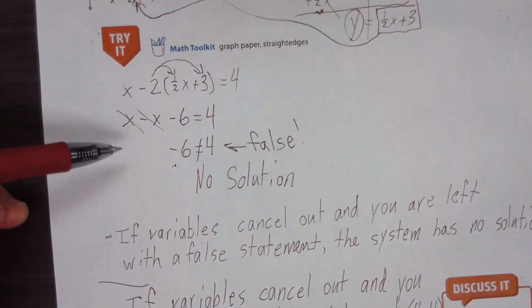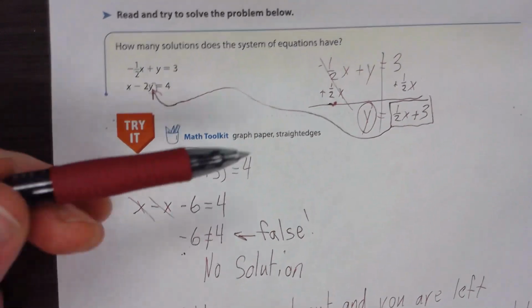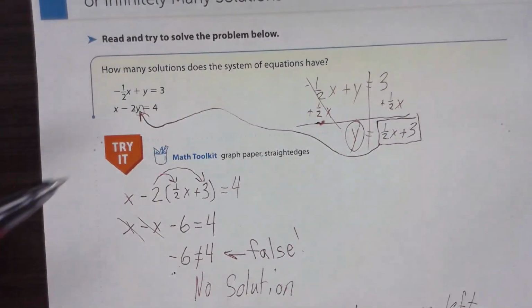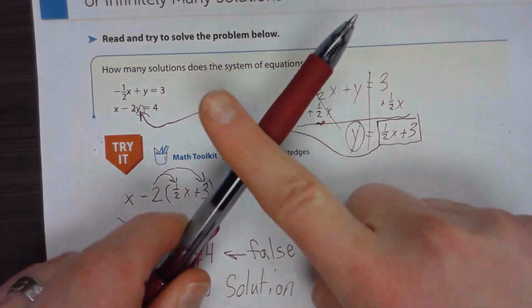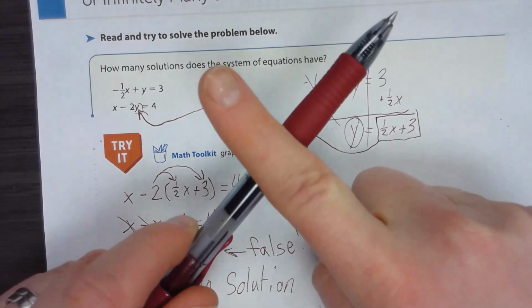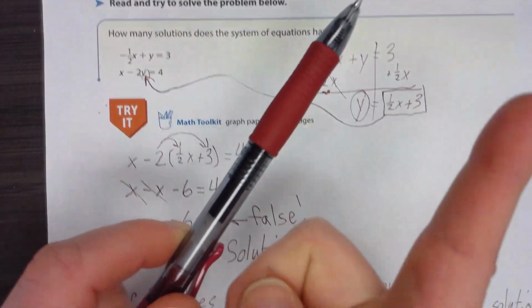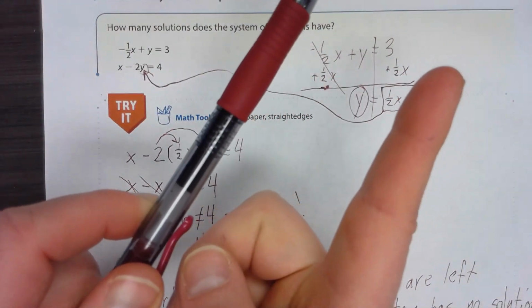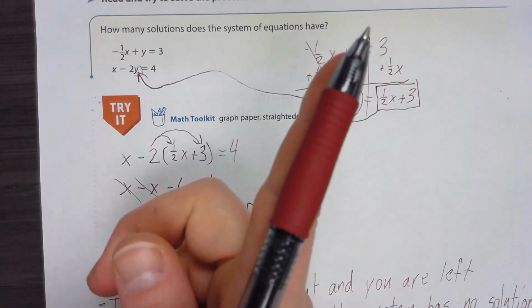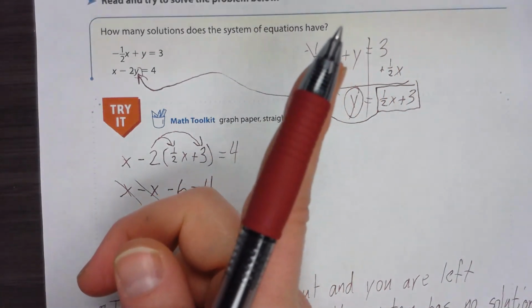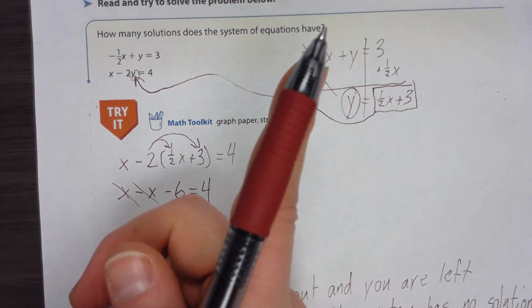And the variables went away. Most of the time, though, we are going to get only one x and one y that are going to be a solution to a system because it's where the two lines meet, right? If I've got no solution, I've got parallel lines. And if I've got infinitely many solutions, well, it's the same line. It's the same equation, just maybe written differently.